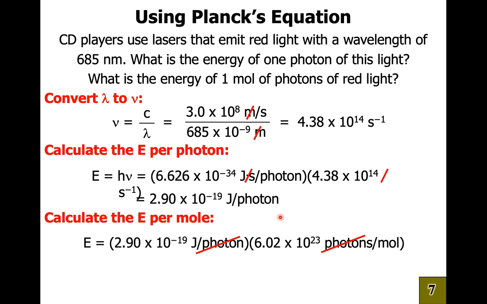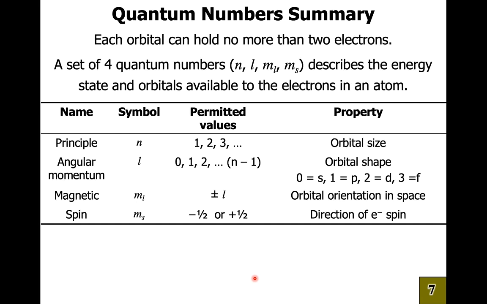And if we want energy per mole, which is a common thing to want, we take this number and multiply it by Avogadro's number. Photon and photons cancel, and we're left with an energy in joules per mole. When I put this into the calculator, it's 1.75 times 10 to the 5th joules per mole, or if we were to ask you to put it in kilojoules, you would divide this number by 1,000, and it would give us 175 kilojoules per mole.